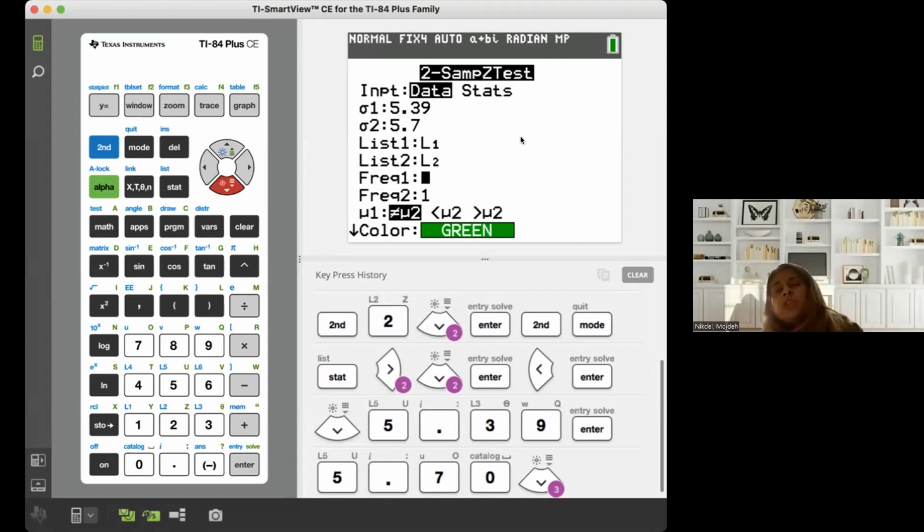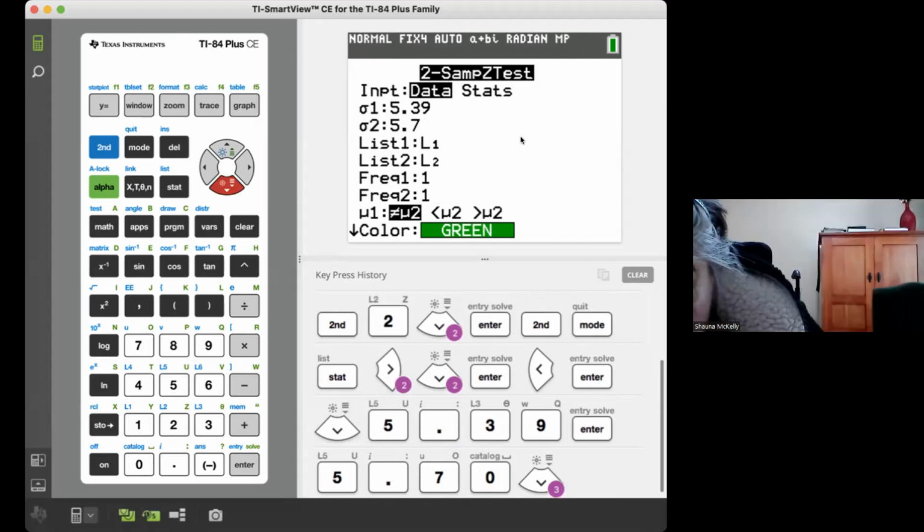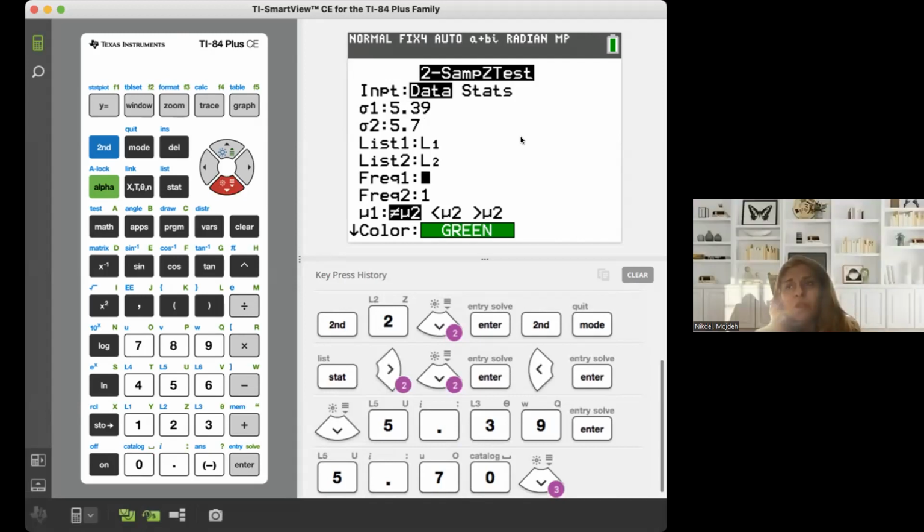When you do it for Stats, you have to enter them. But when you say Data and put L1 for list 1, L2 for list 2, the calculator is calculating it itself.